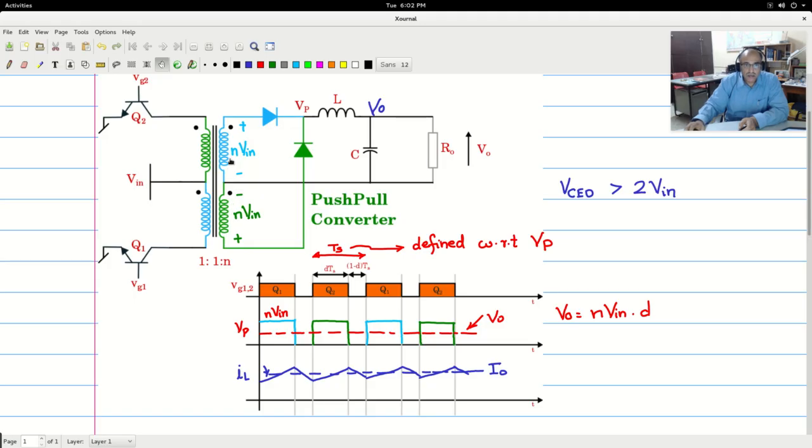So this NVin plus this NVin, this conducting diode is coming across this. So the diode overall should be capable of withstanding 2 times NVin. So that would be the rating of this. Deciding the ratings of the inductance and C is exactly the same as we had discussed in the buck converter circuit.